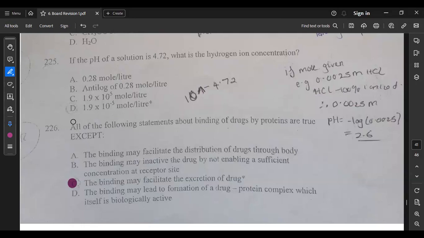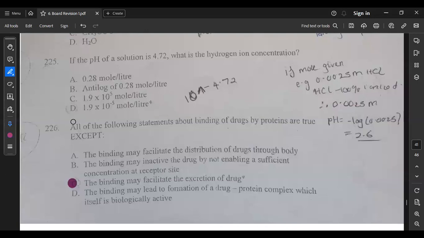Or what were your thoughts on it? So we go with choice C.